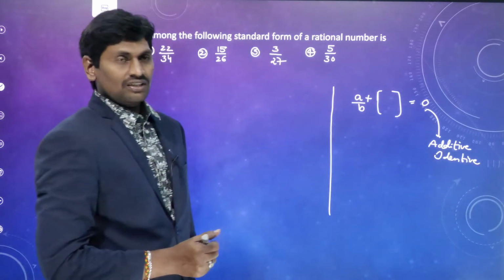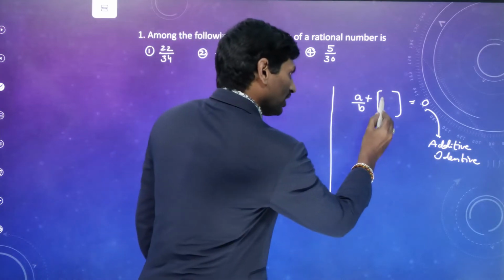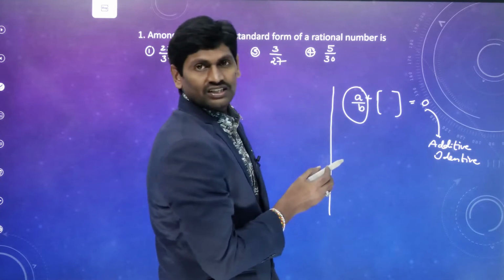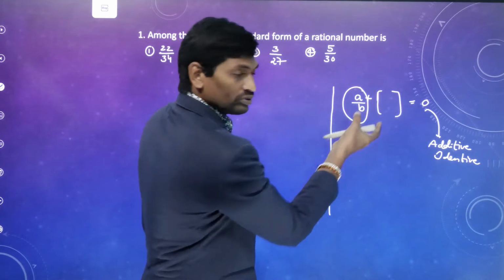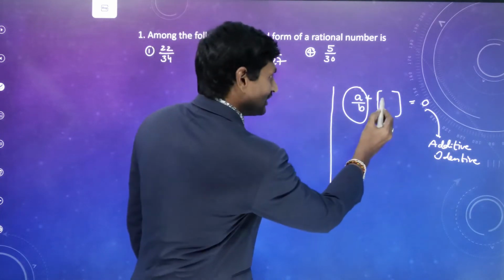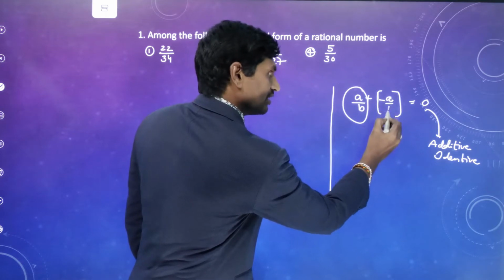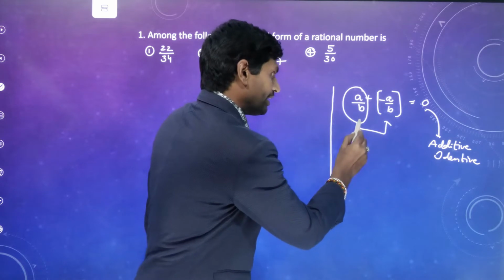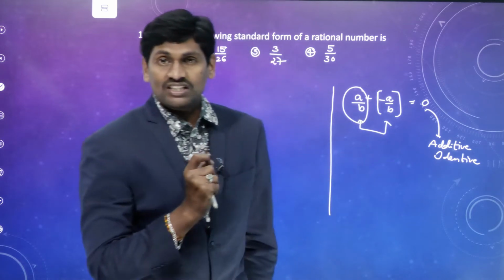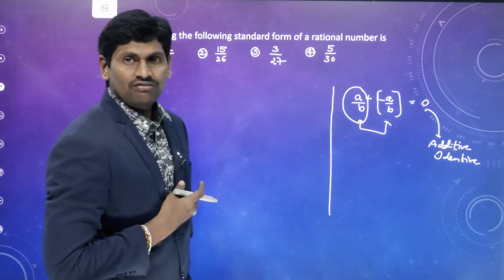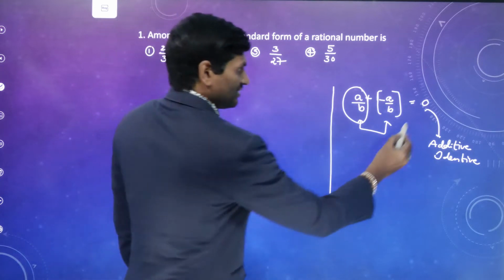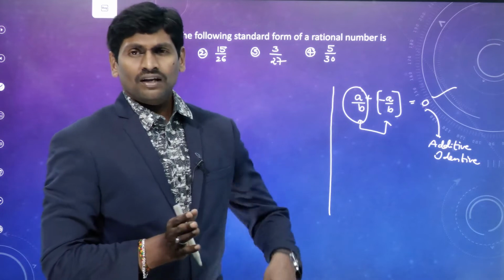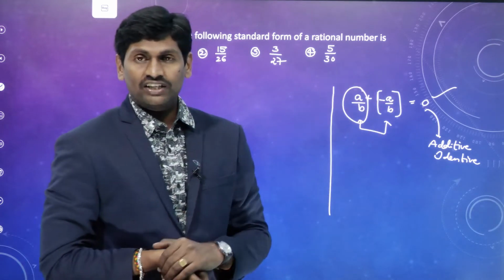What is the number we have to take? A by B should be added to something to get 0, and that is nothing but its negative number, minus A by B, where A by B and minus A by B are additive inverses of each other. And 0 is called the additive identity. If you take any number, 0 is always the additive identity.